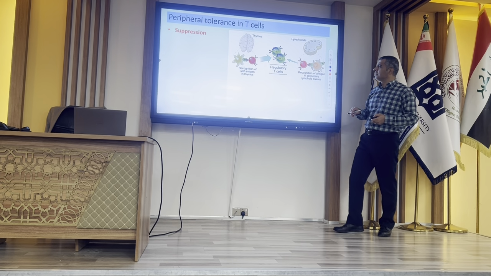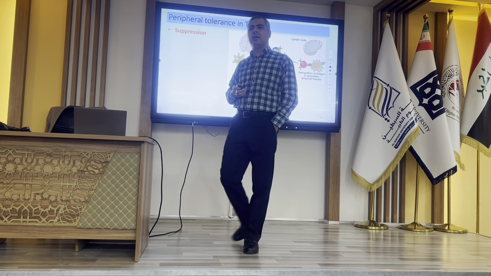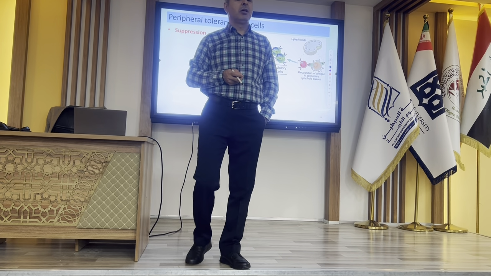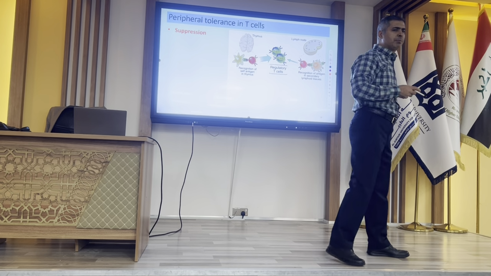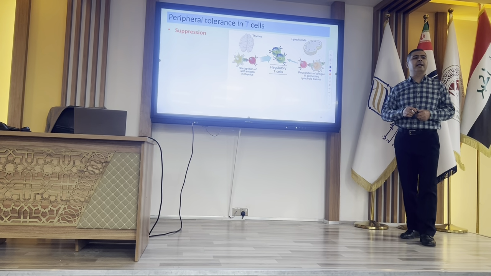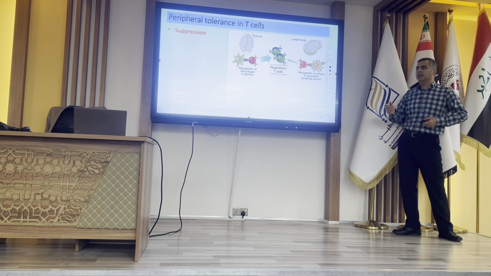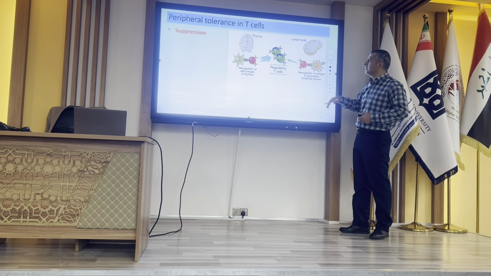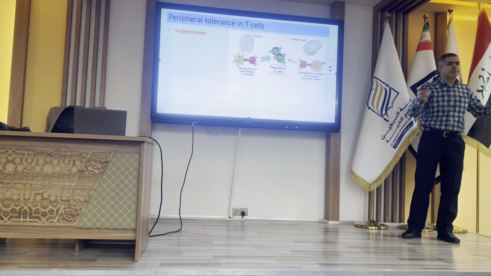Another mechanism is suppression by regulatory T cells. Regulatory T cells are, I've told you, some suppressory cells that produce TGF-beta and interleukin-10, two suppressory cytokines, and as a result of production of those cytokines, they can suppress most of the immune cells.